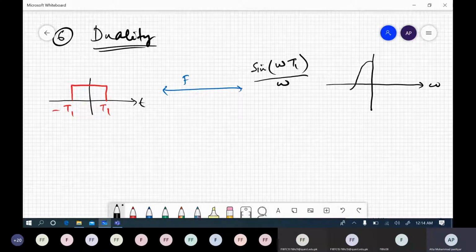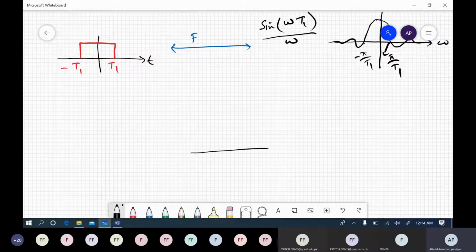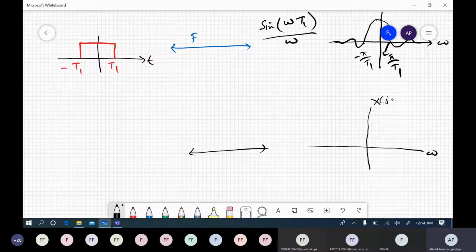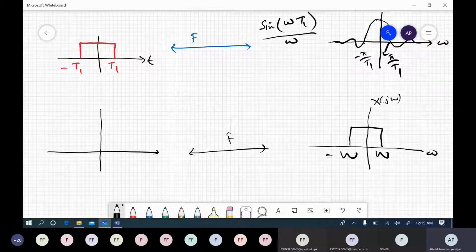It was a sinc function, right? Like this one. This value was pi by t1, I think. Yes, pi by t1, and this is minus pi by t1. And when we discussed inverse Fourier transform, we selected the same rectangular pulse this time in omega axis, and we saw that if we have a rectangular pulse in frequency domain, and if we find its inverse Fourier transform, that was again a sinc function, right?